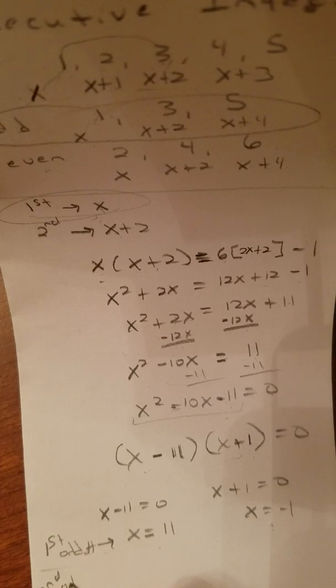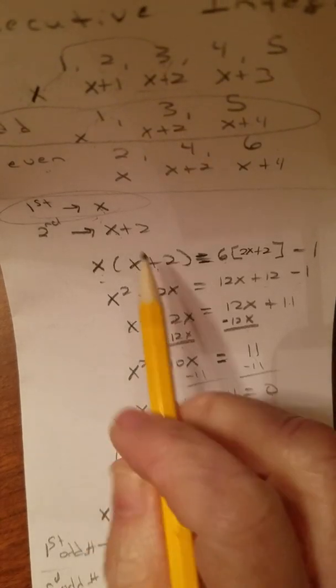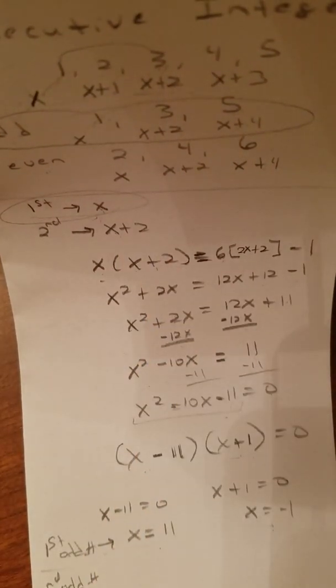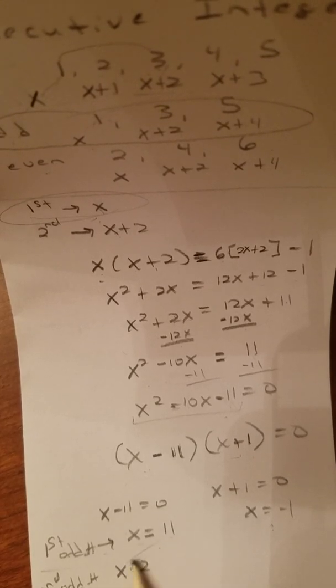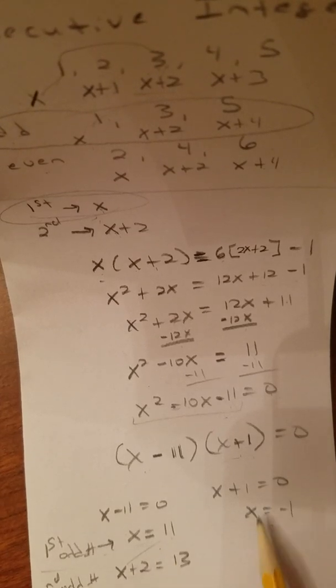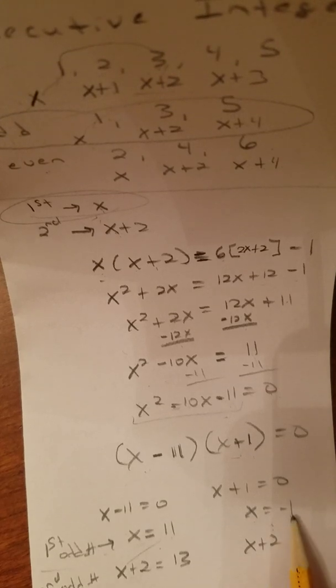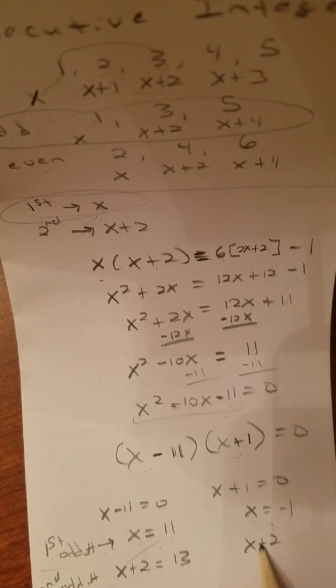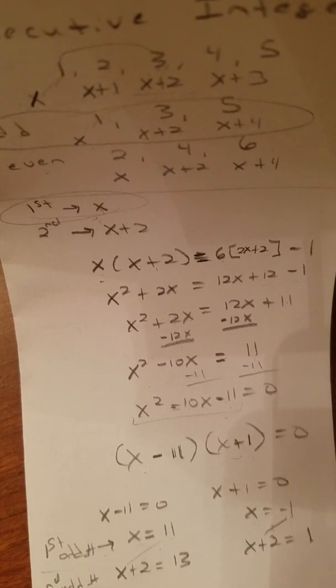Remember, my second odd number was x plus 2, right? So if x is 11 and I plug that in, then 11 plus 2 is 13. But if x is a negative 1, then a negative 1 plus 2 is a positive 1.